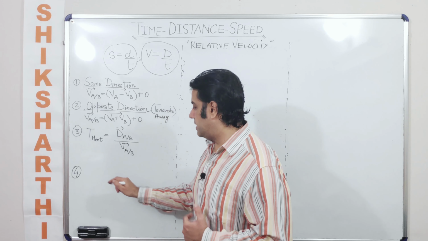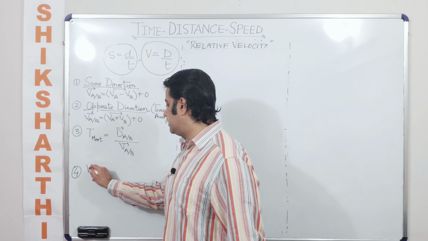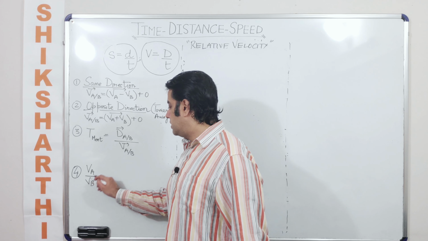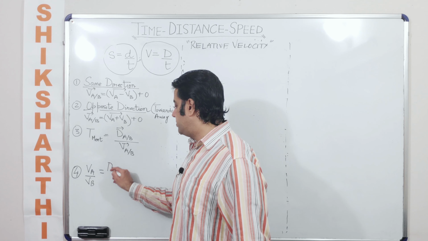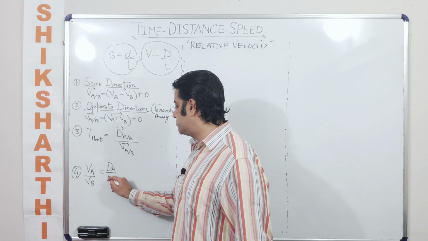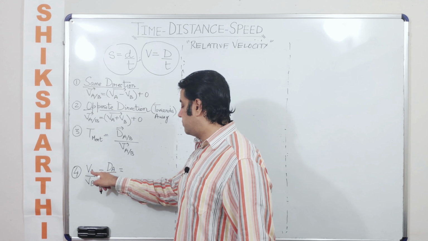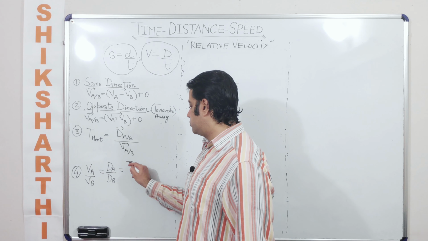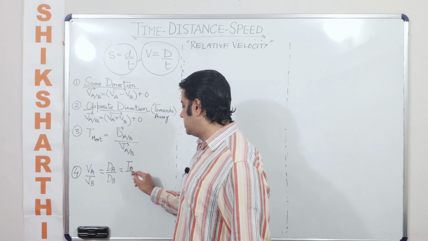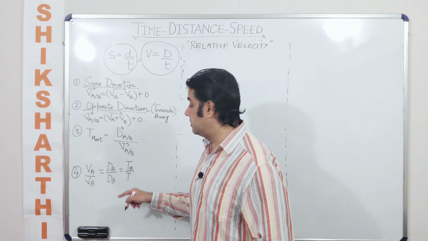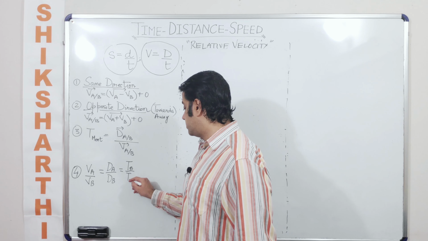Last but not the least, we have already talked about that if I take the ratio of the velocities, keeping time constant, this will be equal to the ratio of their displacements, which will be equal to, now if I compare velocity with time, we know that velocity is inversely proportional to time, keeping displacement constant.